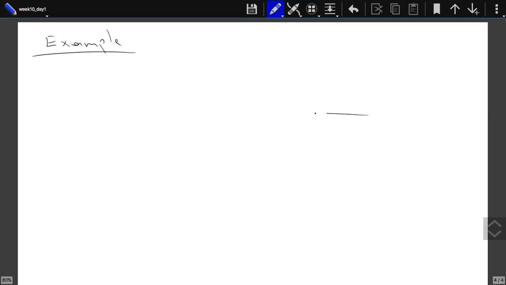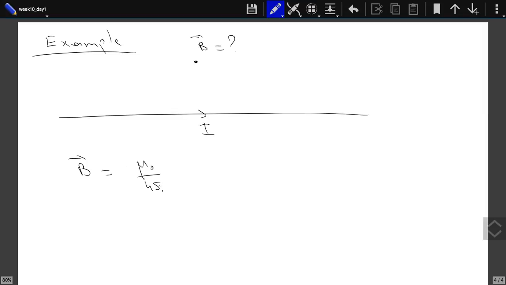Well, let's assume we have an infinite wire carrying a current I. And we would like to find the magnetic induction B field at this point. Well, we need to carry out this integral. B would be mu 0 over 4 pi times I dl cross r minus r prime divided by r minus r prime cubed.